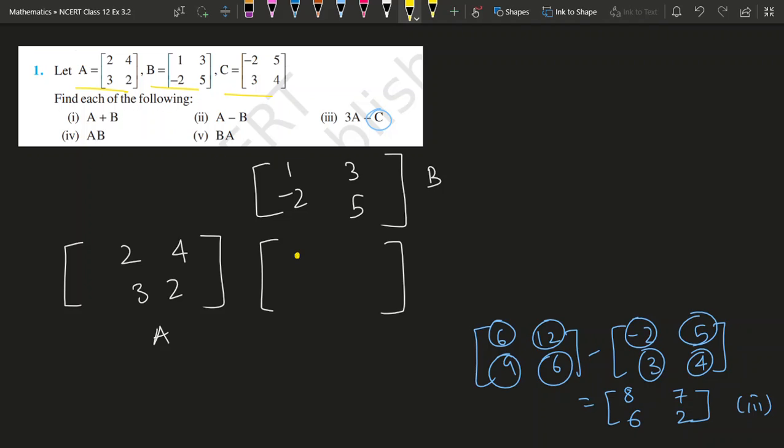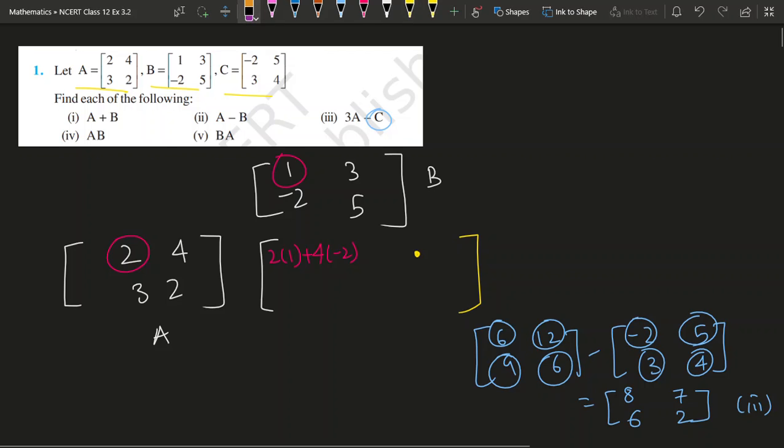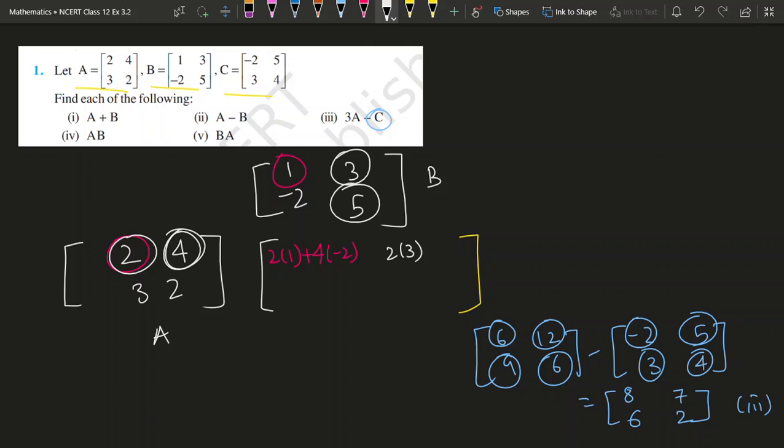It's 2, 4, and 1, minus 2. So it will be 2 times 1, plus 4 times minus 2. For the entry in the first row and the second column, you would have 2 times 3, plus 4 times 5.